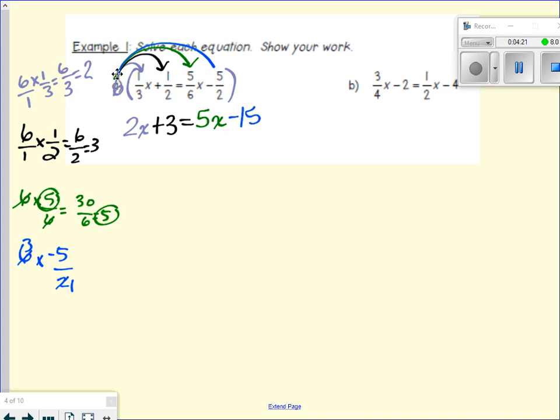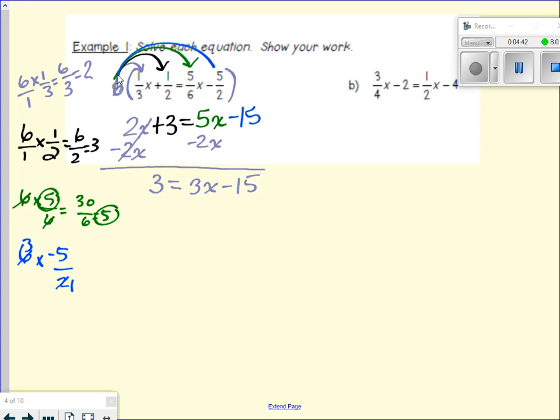All right, so now let's solve. We can subtract 2x on both sides. That creates a 0 pair, and you're left with 3 equals 3x minus 15.